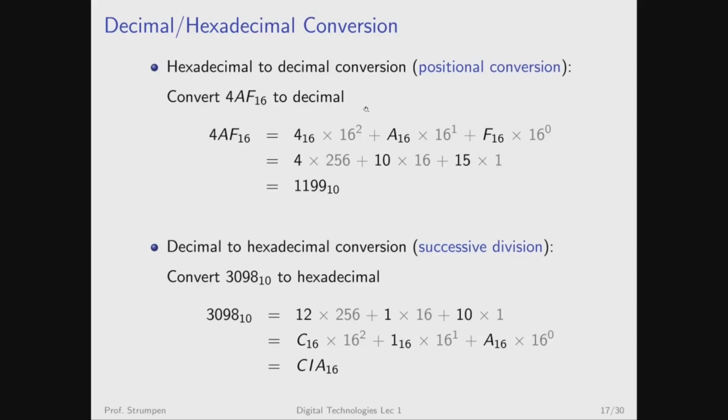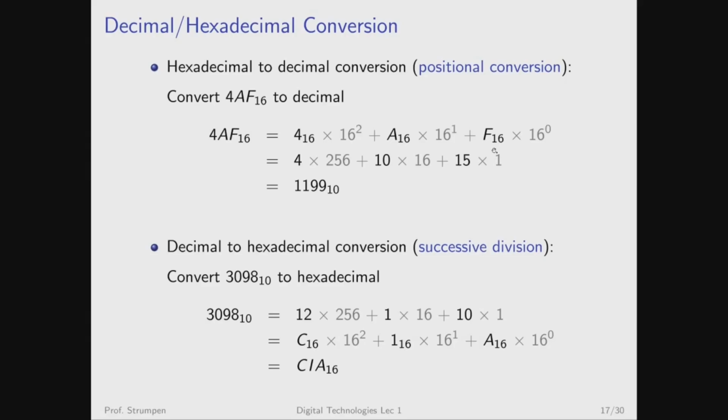Let me show you an example for a given hexadecimal number, 4AF, to decimal. We do it by positional conversion, right? We expand 4AF from right to left.